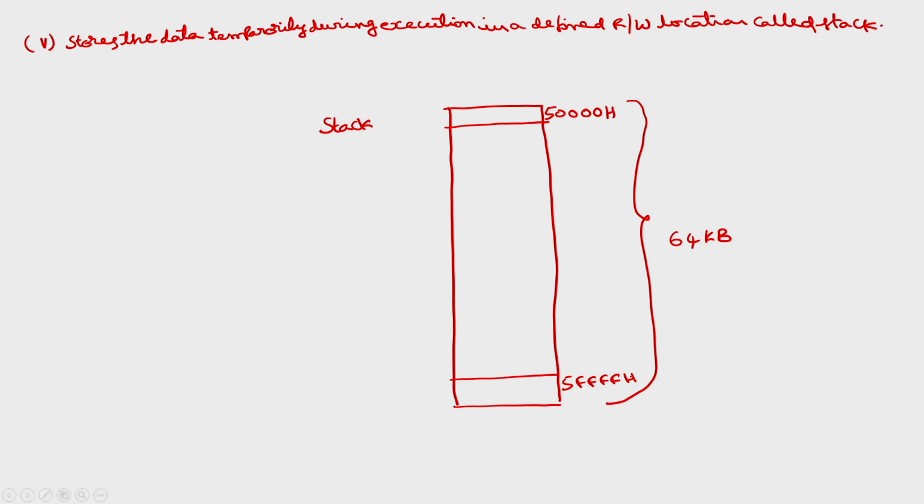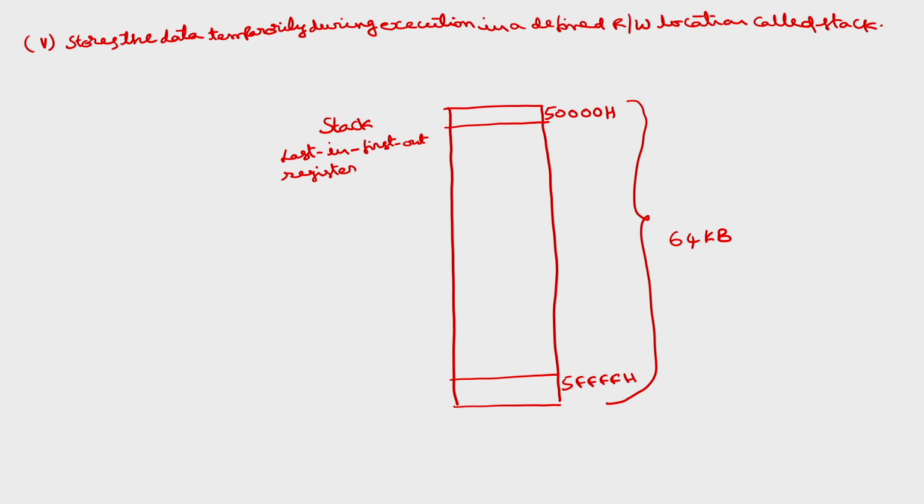and stack is a last in first out register. So, here the data which is inputted last will be outputted first.